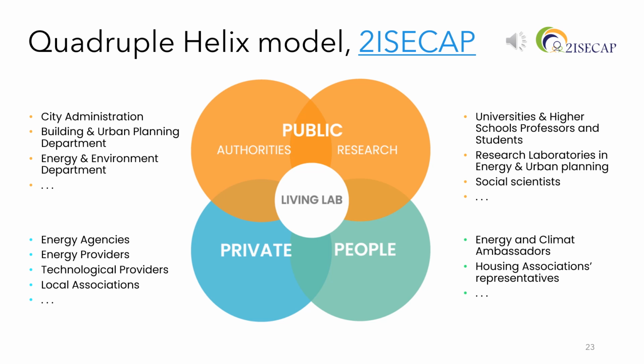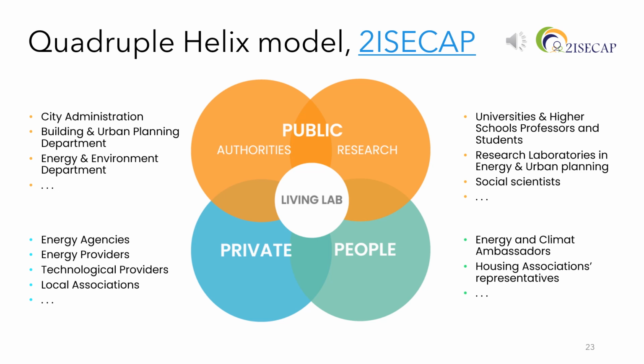For the 2ICCAP project, we could think to integrate public stakeholders such as city administration, for example, the Building and Urban Planning Department, or Energy and Environment Department. Energy agencies, energy and technology providers, as well as local associations could feature within the private sector.